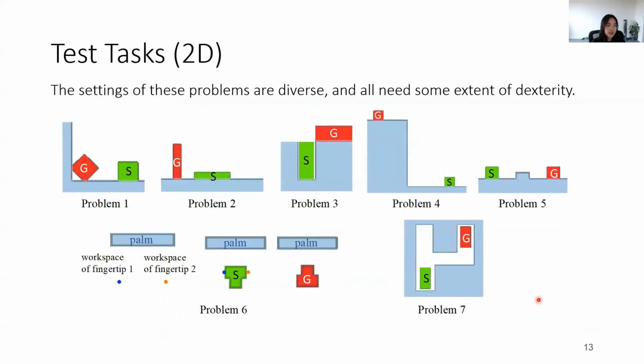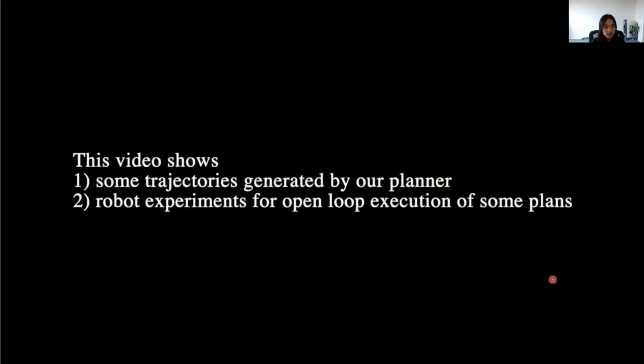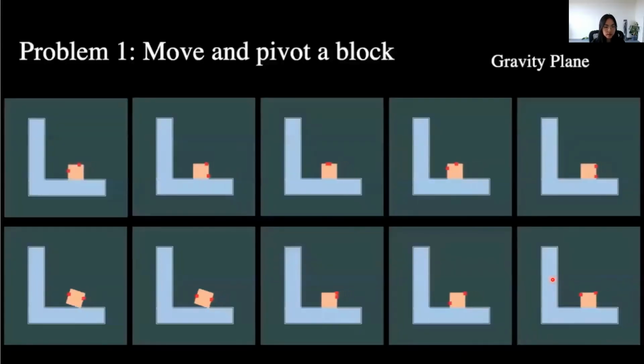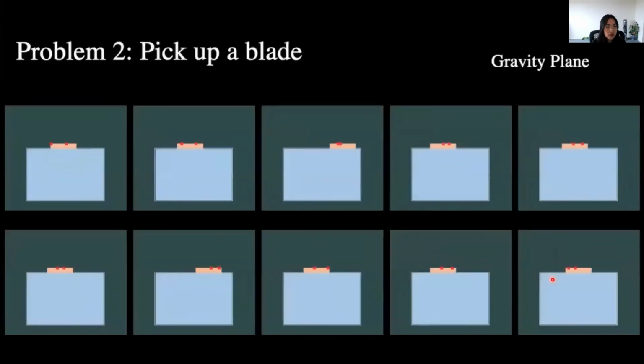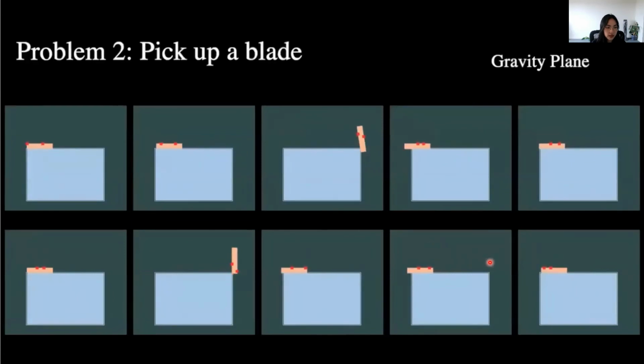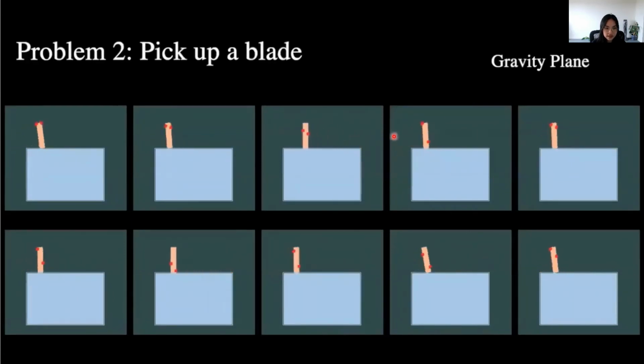And here are our test tasks in 2D, and the settings are really diverse. The task limitations constrain them so that they all need some extent of dexterity. Yeah, and the blade cannot be directly picked up, so we need some maneuvers like this.